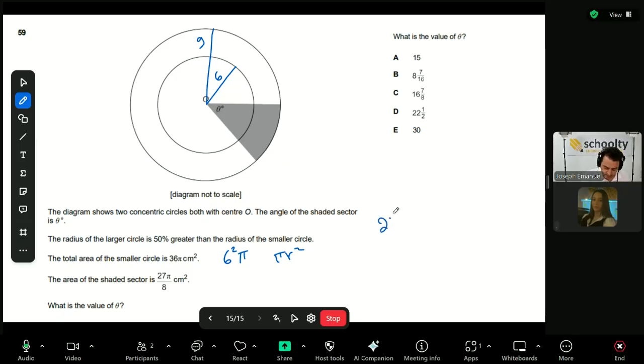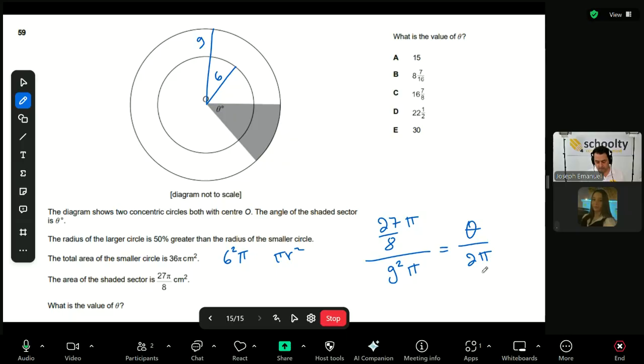Okay, so 27 pi divided by 8, divided by actually the full area, which is like 9 square pi. This is the full area of the circle. This will be theta divided by the full angle, which is 2 pi, correct?